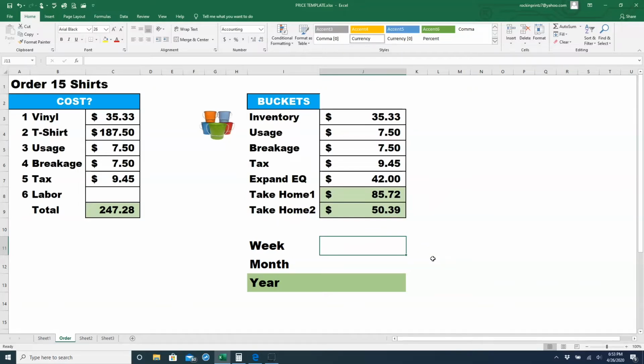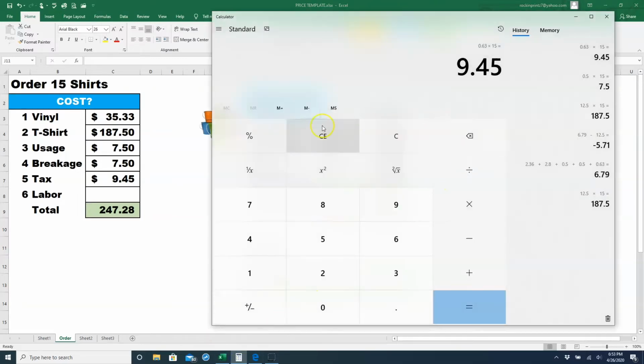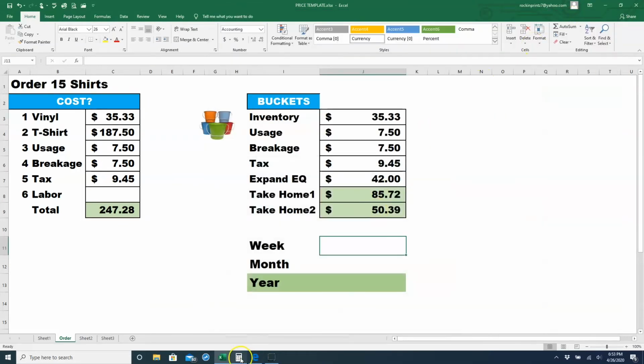Okay, now let's just say you were able to do 30 shirts in one day. Let's do the math. And that was your profit, right? So the profit was $50.39.